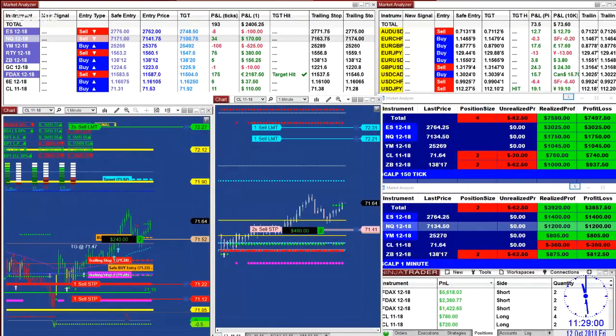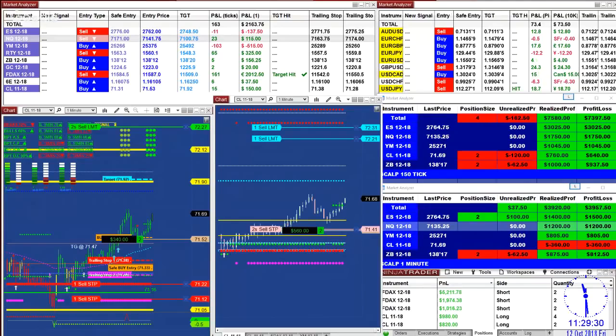A short trade on the Nasdaq, short trade on the ES, guys. The market started going down. The entry price is right there.